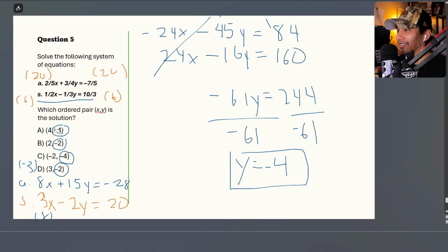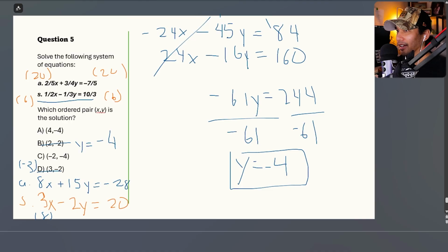I did it right. So y equals negative 4, we can eliminate this and eliminate this. But man, I used the calculator and I feel really bad about that because you will not be able to use a calculator. Okay. My bad, guys.